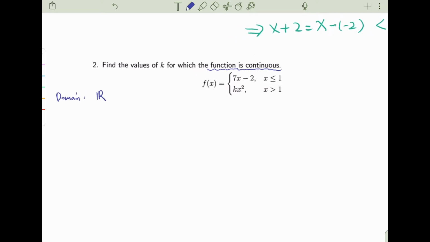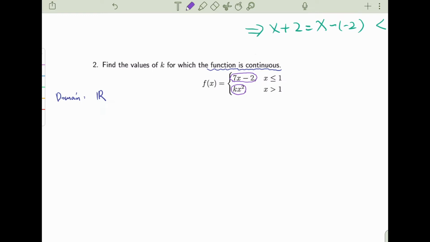And we see that this is a piecewise function, right? So on each of its pieces is gonna be continuous automatically according to the expression. These two expressions, they're both elementary functions. By saying elementary functions, I mean basically all the functions we have encountered, rational functions, the trig functions, right?